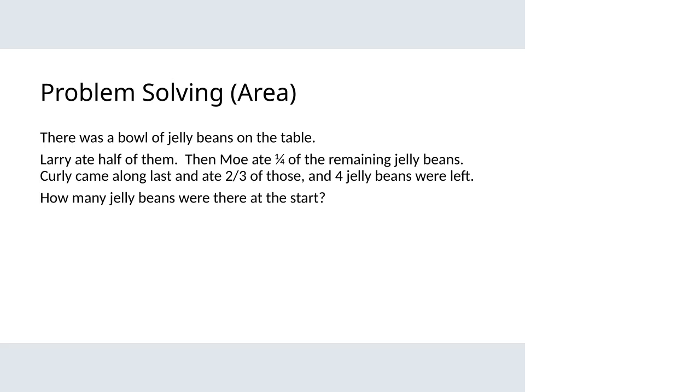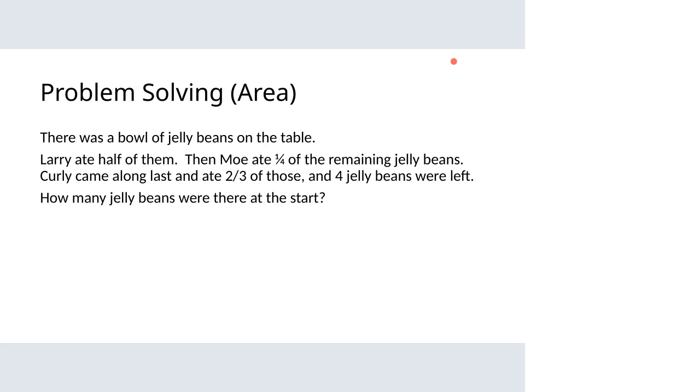Once we know what one of the pieces has in it, we can figure out what all the pieces together will be made up of. Let's go ahead and take a look at this one together. I think this is sort of the pinnacle of problem solving using the area model. It's excellent. It's a really cool thing.